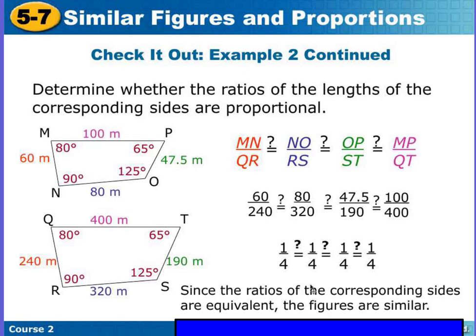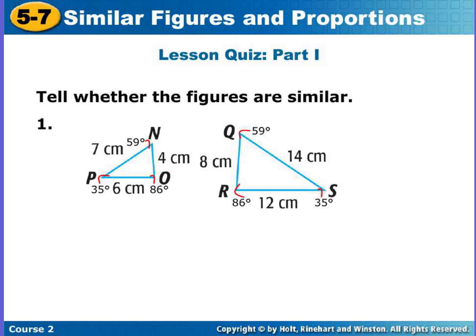So, last two questions just to see if you understand what's going on. Tell whether or not these figures are similar. So we go through our checklist. Do they look alike? Yes. Are they different sizes? Yes. Are my corresponding angles congruent? 59, 59, 35, 35, 86, 86. Yes, they are.